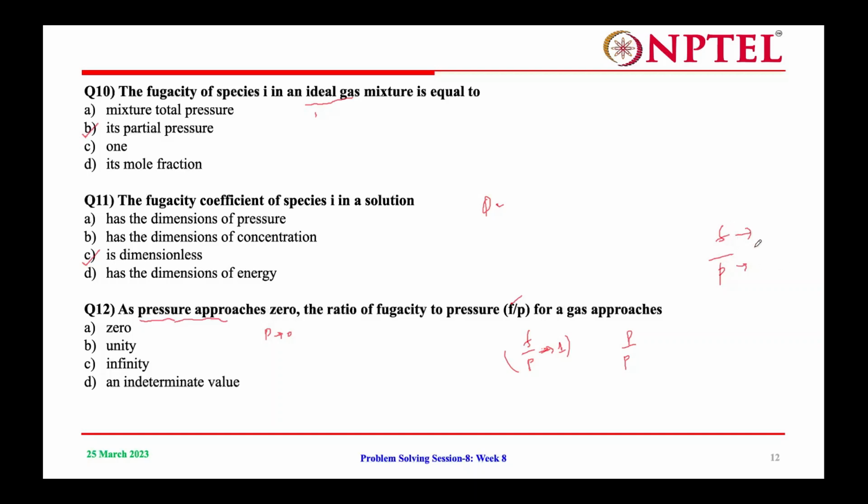So there are some limiting conditions for the real gases, like pressure tends to zero, so it behaves like ideal gases. Getting or not? So it is like P by P.